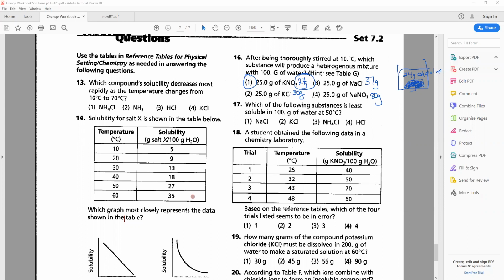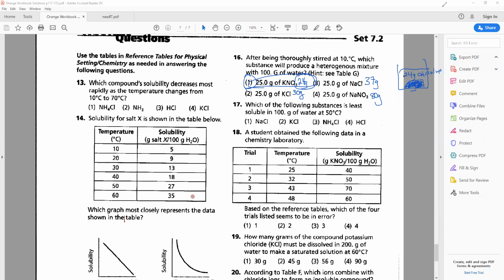For KCl, it can dissolve 30. If you have 25, it can dissolve 5 more grams of KCl. For NaCl, it's going to be able to dissolve and form a saturated solution if you dissolve 37. You only have 25 grams. You can dissolve 12 more grams. Same thing over here. So therefore, the answer, when you are going to have a heterogeneous mixture, is choice 1.